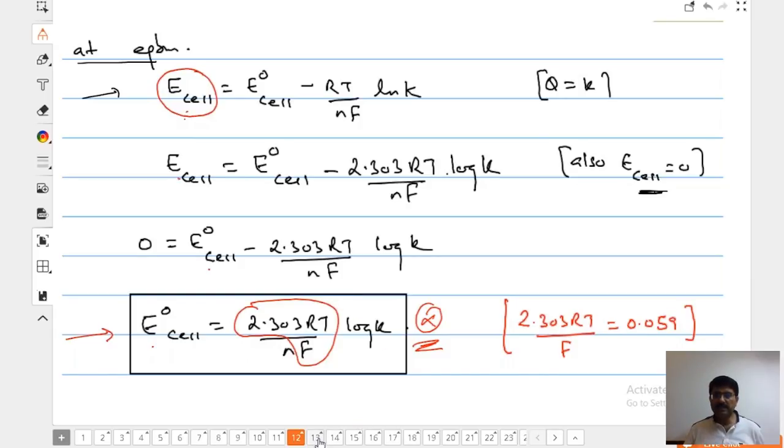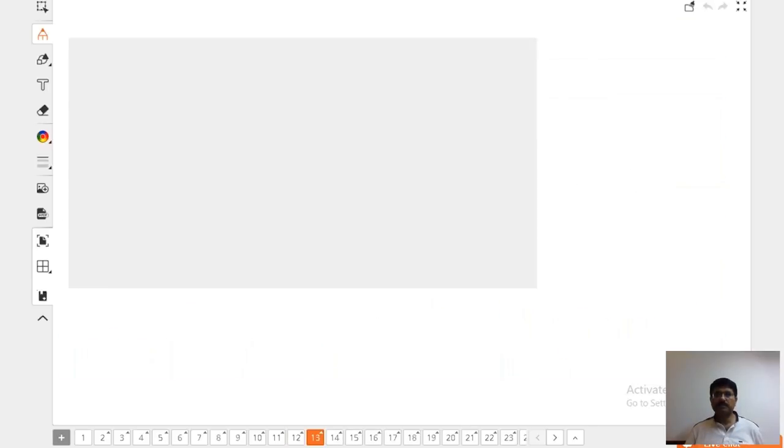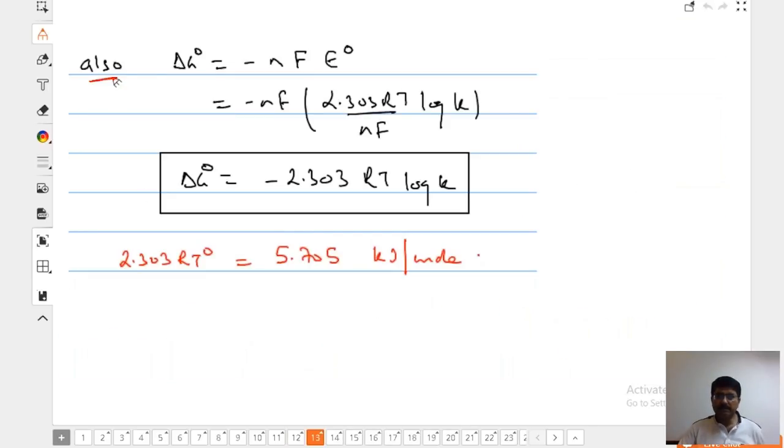Now see this. Shall I move ahead? Also, we remember that delta G naught is minus nF E naught. The more number of times you write expressions like this, the more speed we have. 2.303 RT by nF log K. Put the value. nF goes.